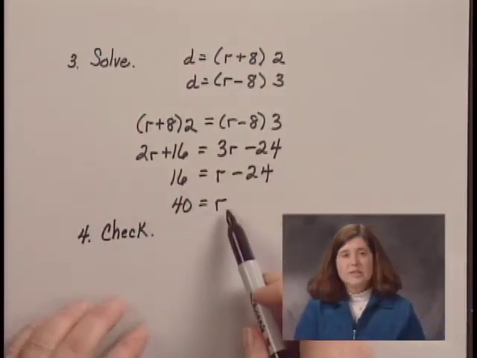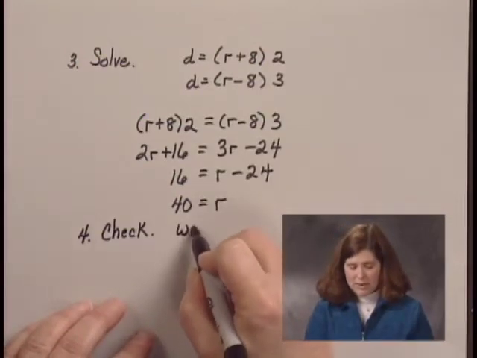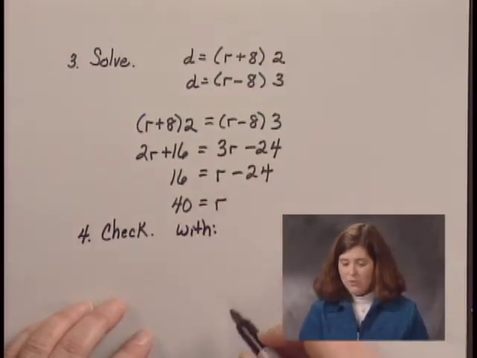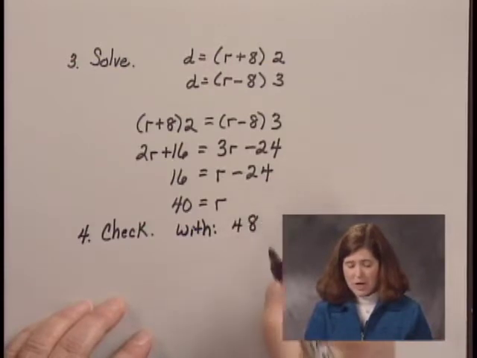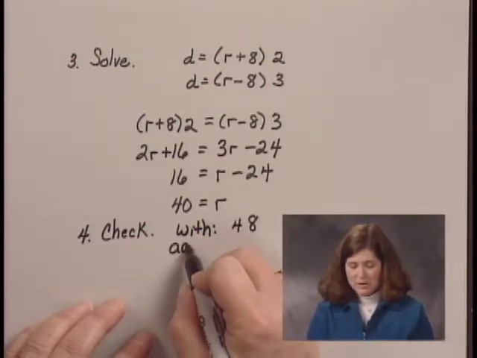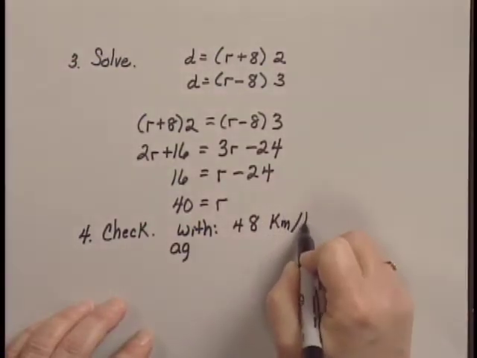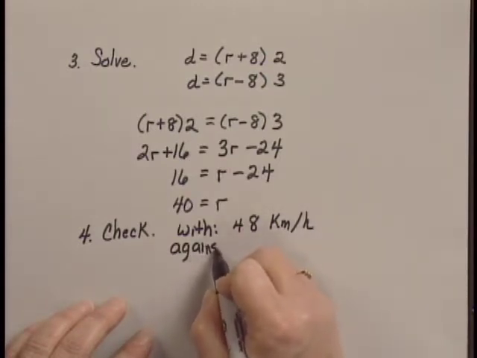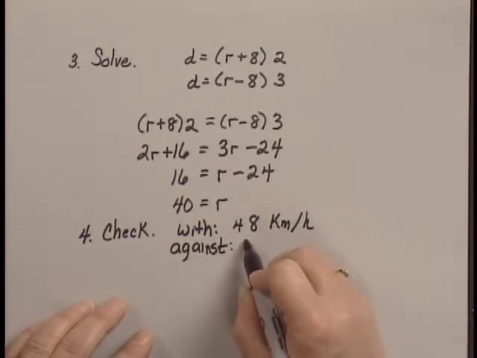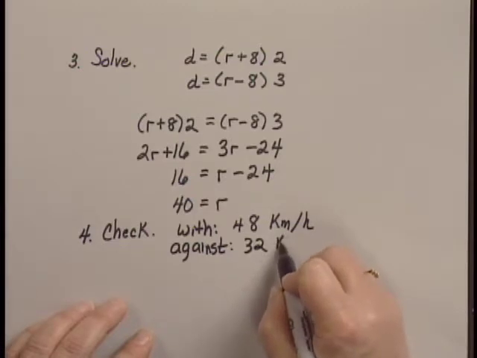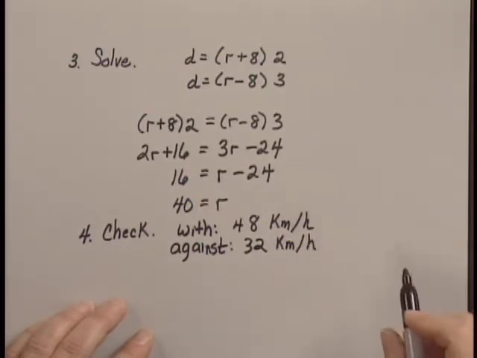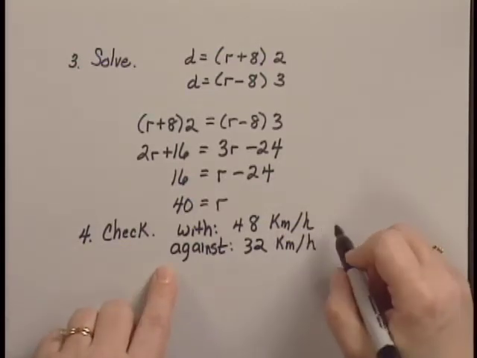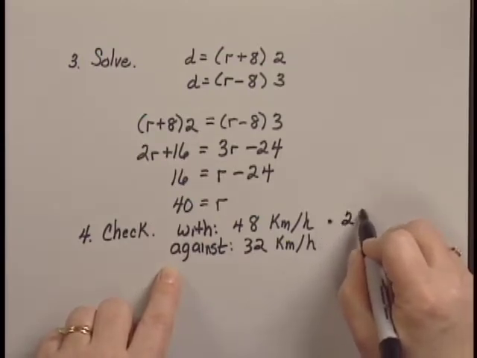Now when the R is 40, the speed with the current would be 48 kilometers per hour. The speed against the current would then be 40 minus 8, or 32 kilometers per hour. The time with the current was 2 hours.